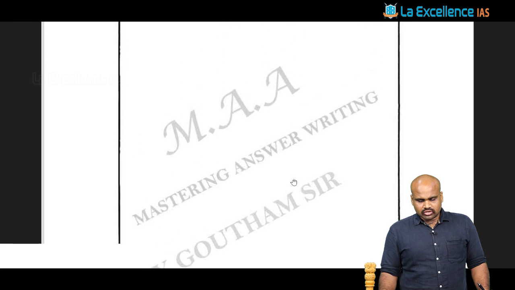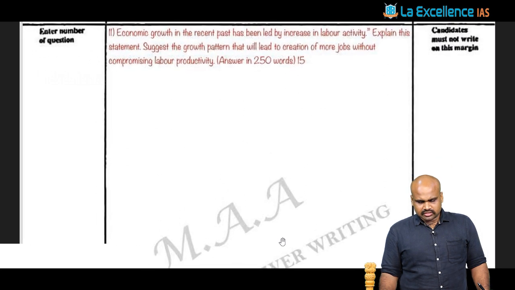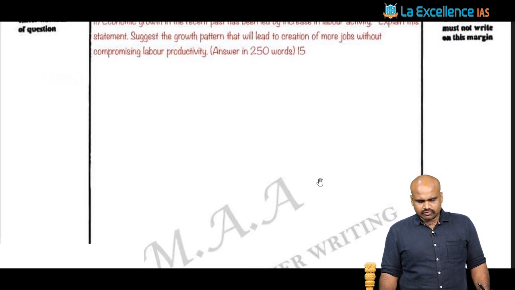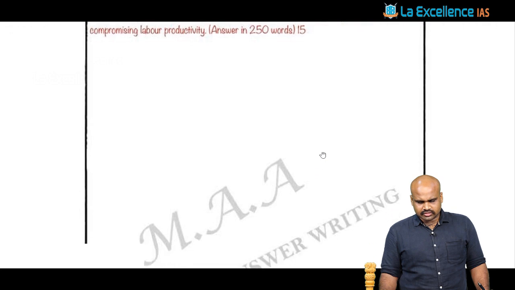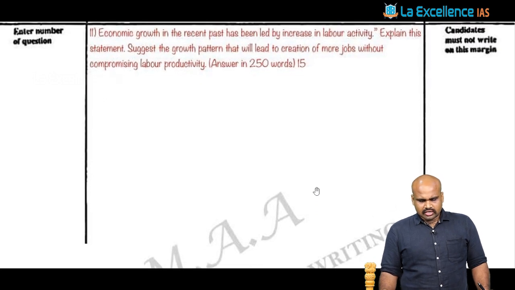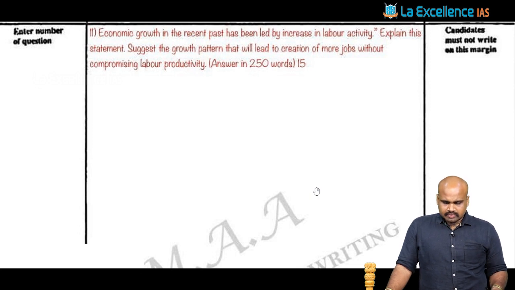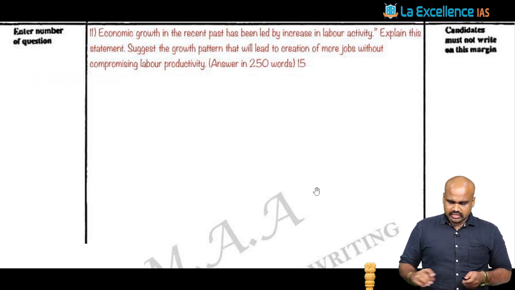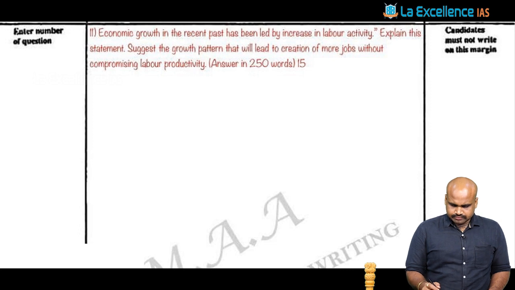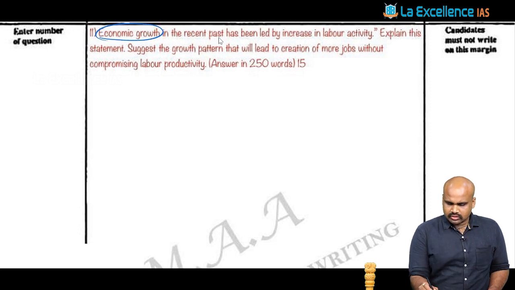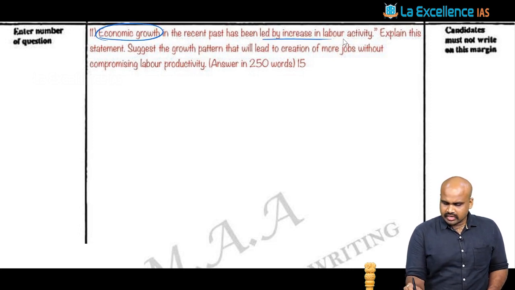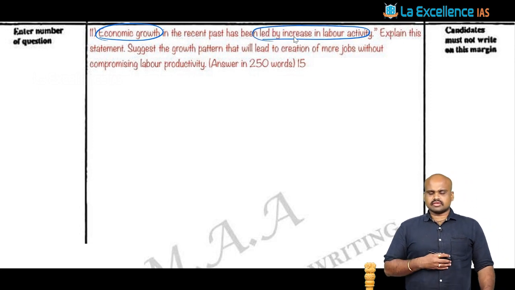Moving on to the 15 marker in this section. When you look at it, we see that it is asking about economic growth in the recent past having been led by an increase in labor productivity.